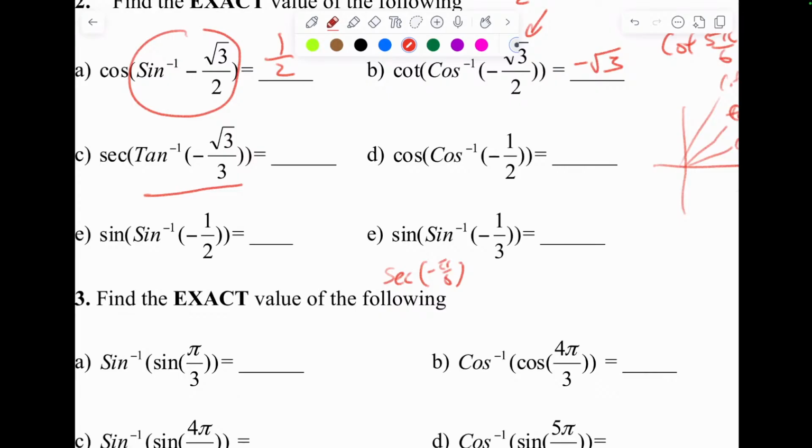But is it negative or positive? I'm double checking you. I don't know if you're right or wrong, but I'm double checking. Be confirmed with your answer. It's positive. I tricked you.